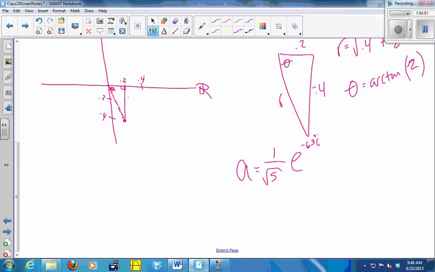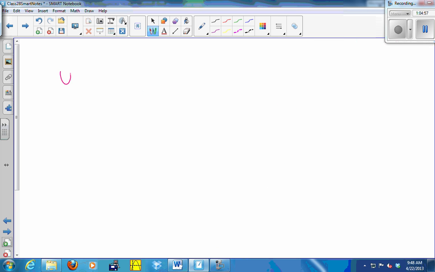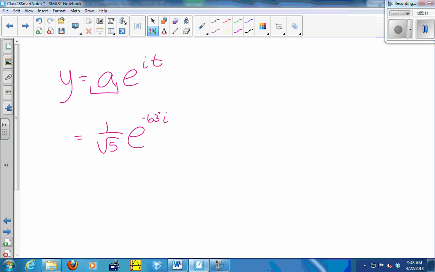But my complex valued solution was A e to the it, and I just figured out a new way to express A. Okay, so now add the exponents.